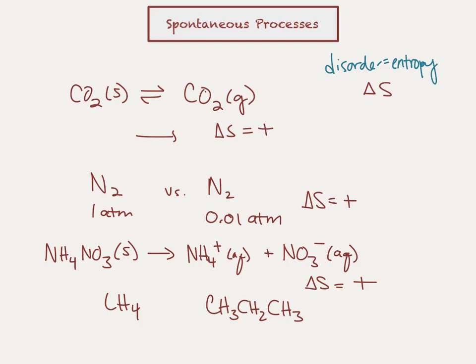You can look up the entropy values for each different chemical in the back of most textbooks. For CH4, at least in my textbook, our entropy value under standard conditions is 186 joules per mole Kelvin, where the propane is 270 joules per mole Kelvin.